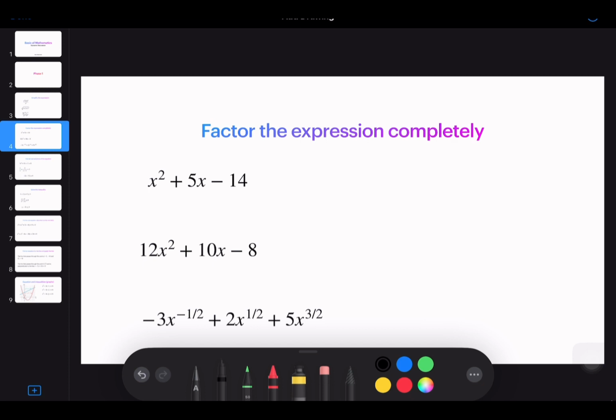Yeah, you need to factor. Oh, so you gotta factor out, which you can do maybe here. I got no idea. Okay, you can sit down.